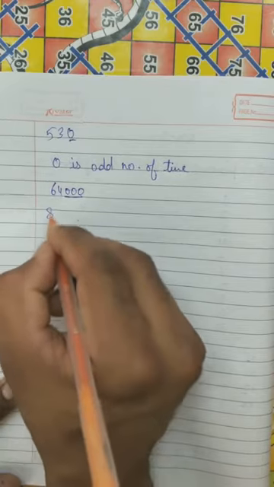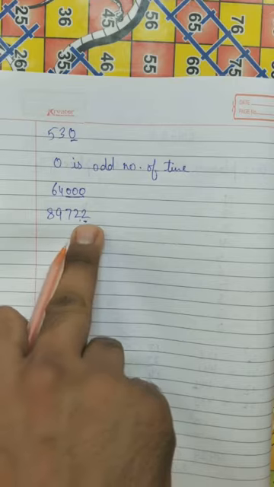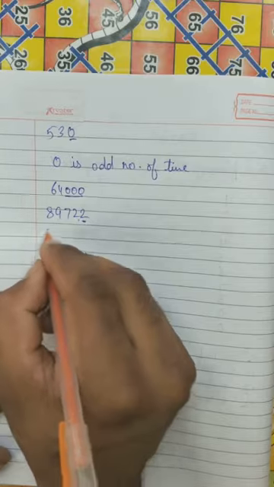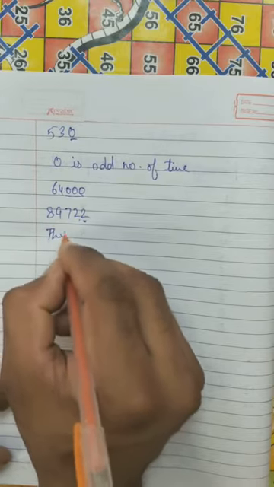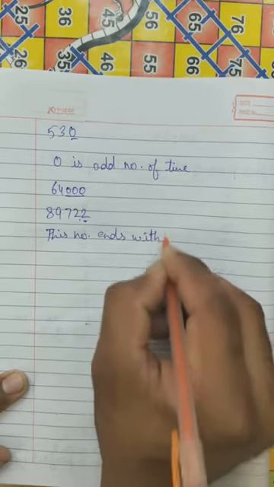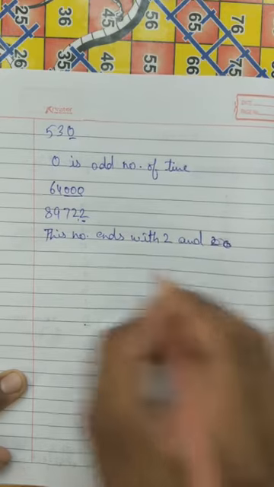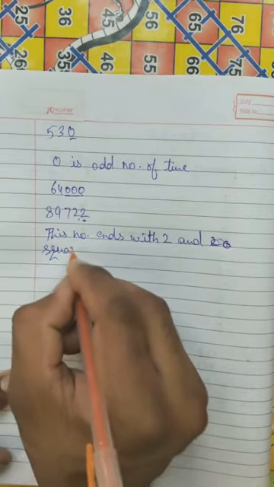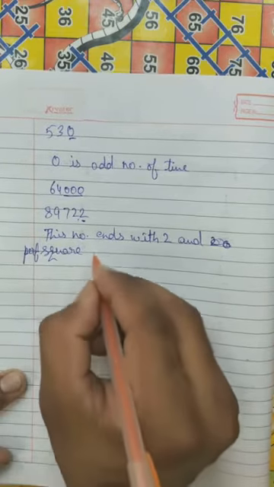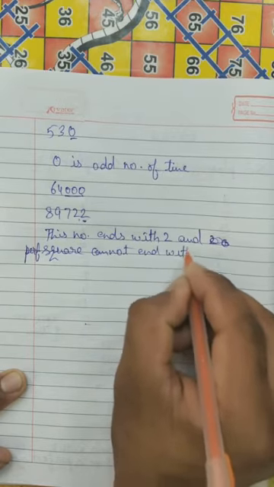One more example I am taking, 89722. This number ends with 2, and 2 cannot be the ones place of a perfect square number. You can write it this way: this number ends with 2, and a perfect square cannot end with 2.